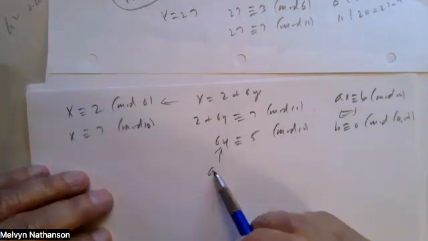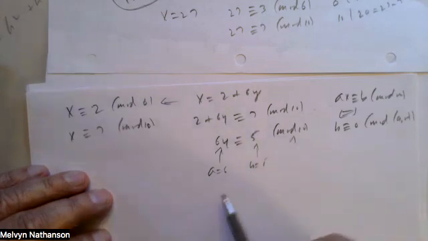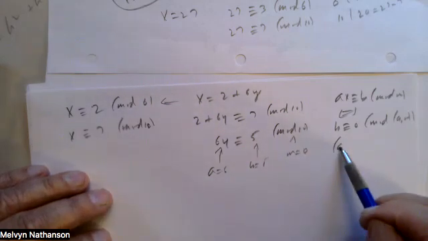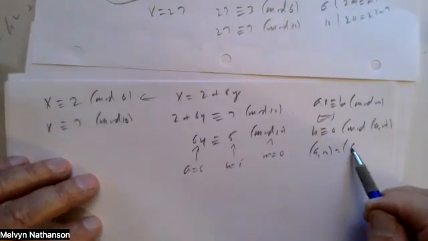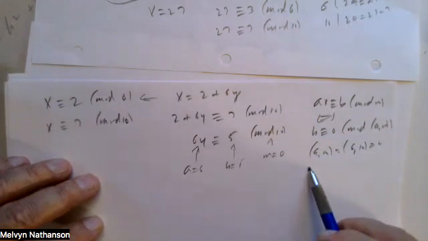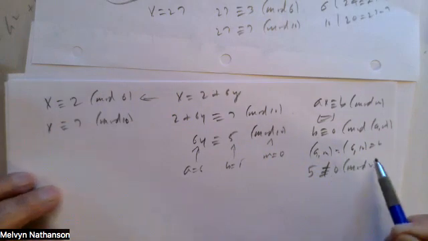So a is 6, b is 5, m is 10. The greatest common divisor of a and m in this case is the greatest common divisor of 6 and 10, which is 2. And b, which is 5, is not congruent to 0 mod 2.